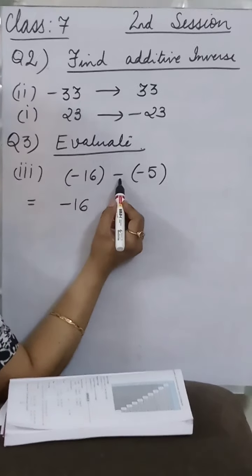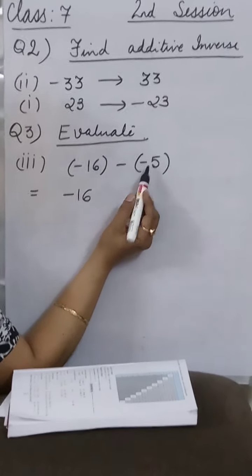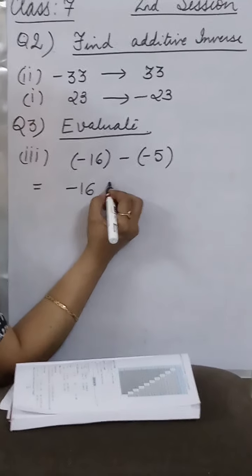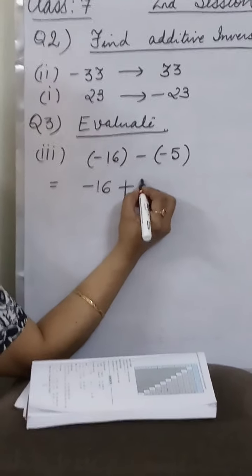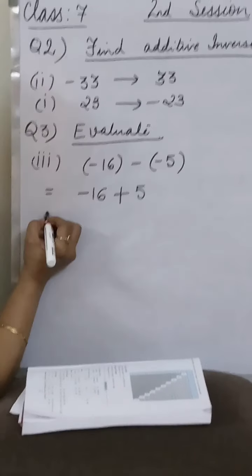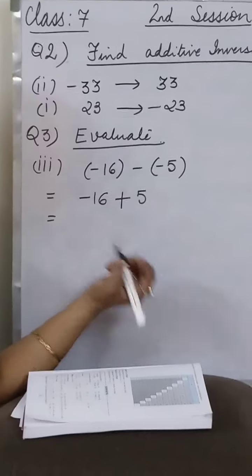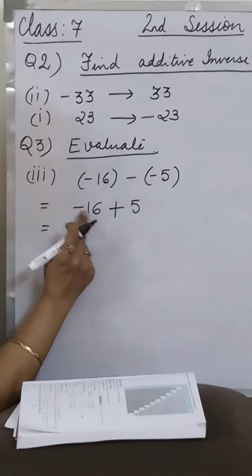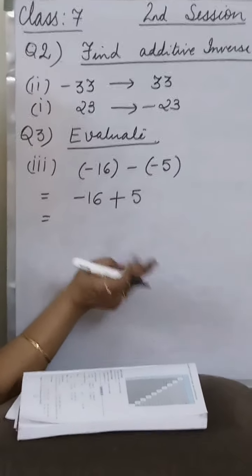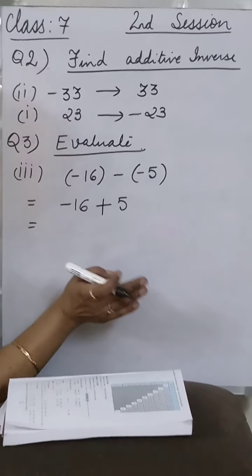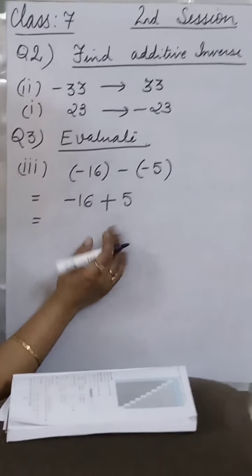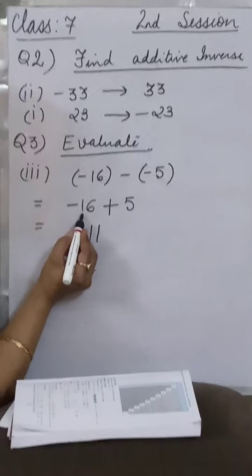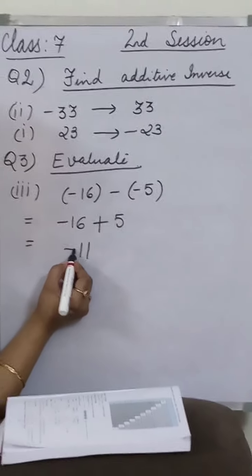Now we have a negative sign before the bracket, so this minus and this minus, both have the same sign, so the sign will now become plus. Minus 16 and plus 5, they have different signs. This is plus, this is minus, this is plus. So plus minus will become minus. Two different signs means we have to subtract. 16 minus 5 will give you 11 and you always write the sign of the greater number. 16 is greater, so I write minus 11.